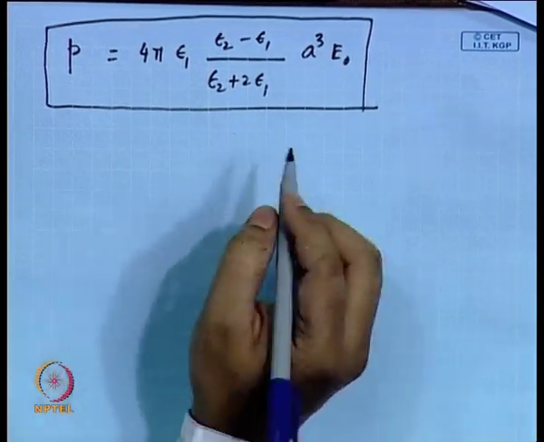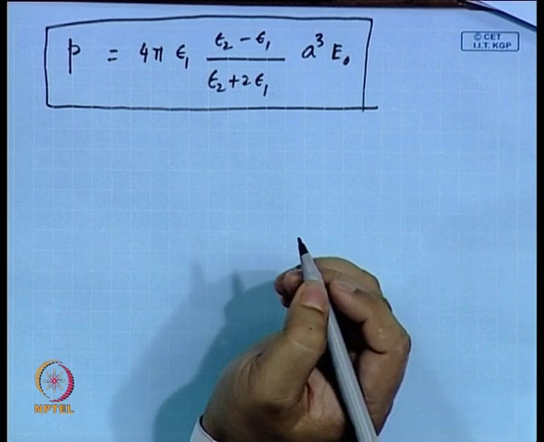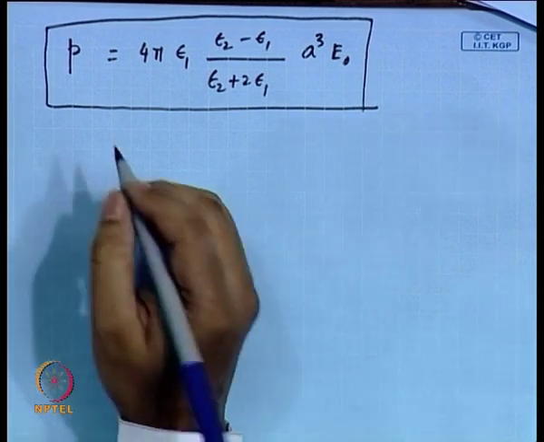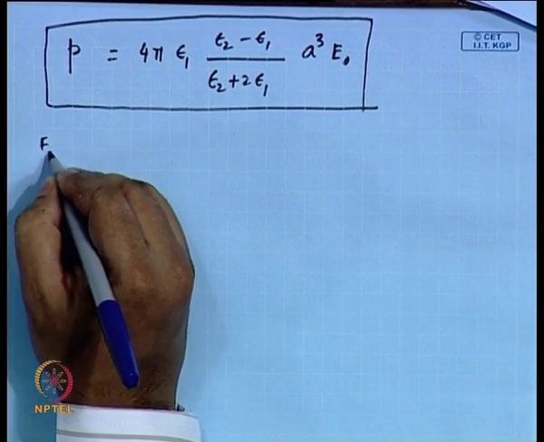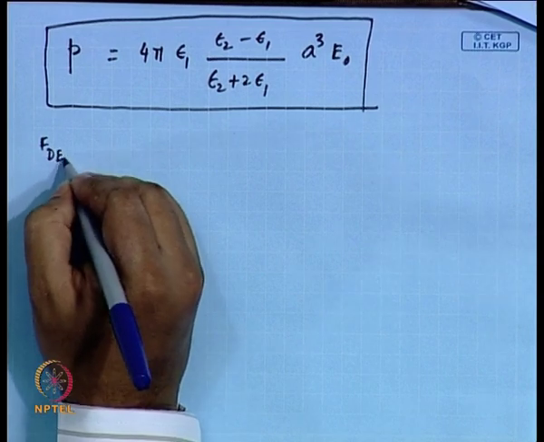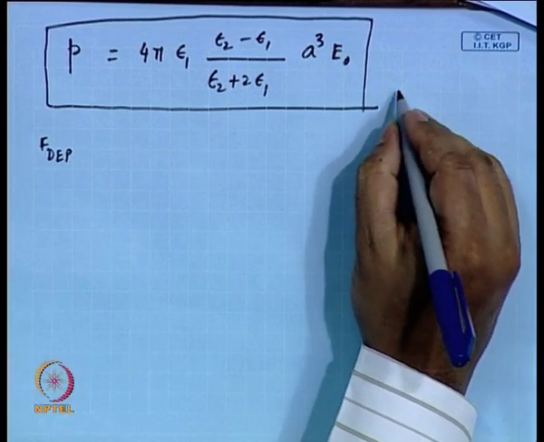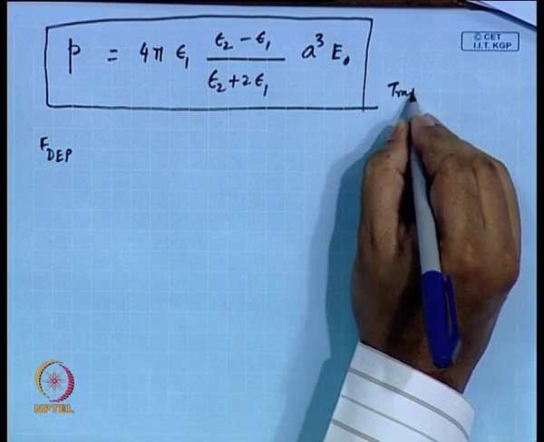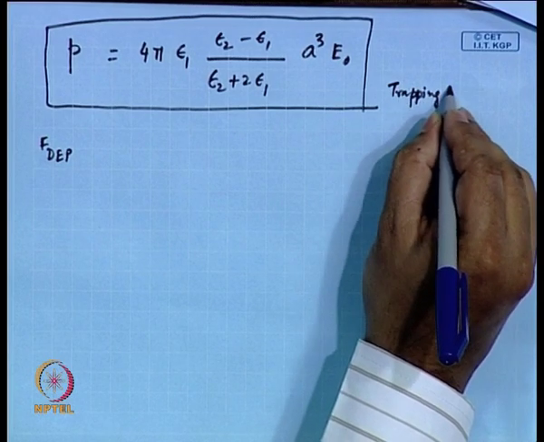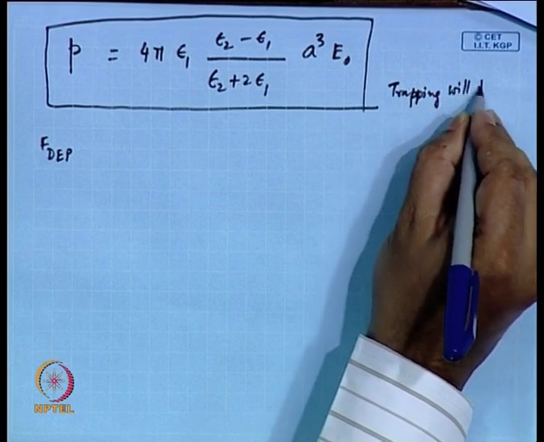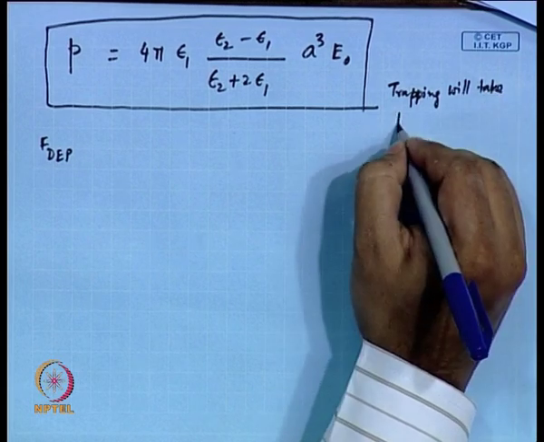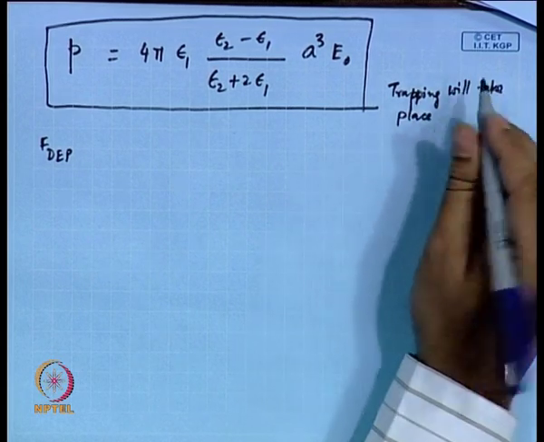And what you write here is, if DEP, mind it, the trapping will take place close to the spherical electrode.